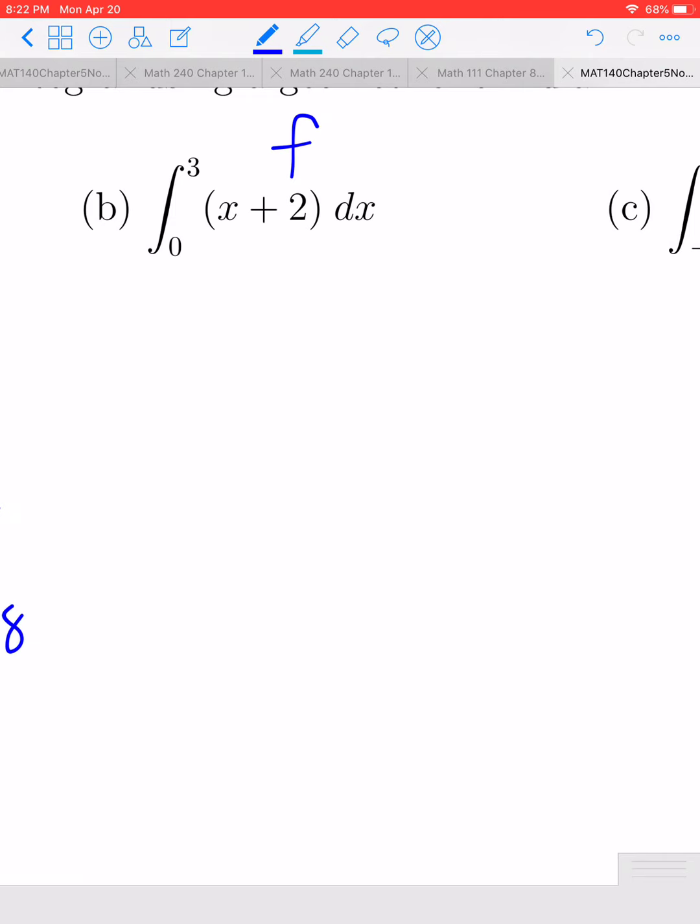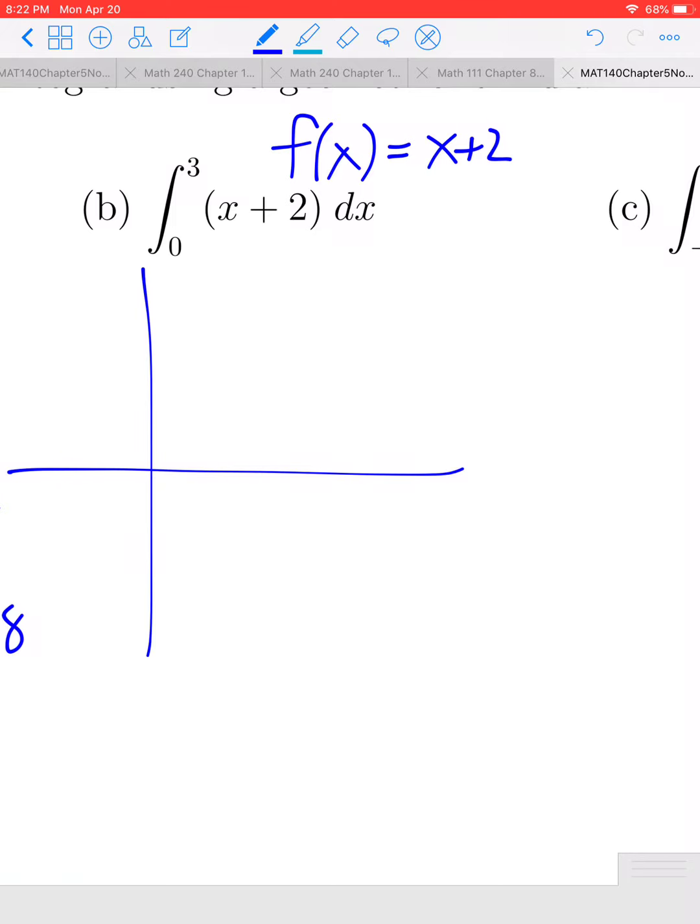Here, the function that we're looking at is f of x equals x plus 2. This is a straight line with a y-intercept of 2 and a slope of 1. And we're looking at it from 0 to 3.